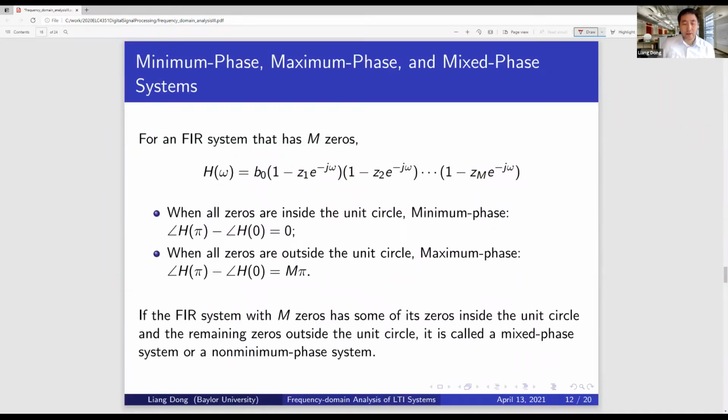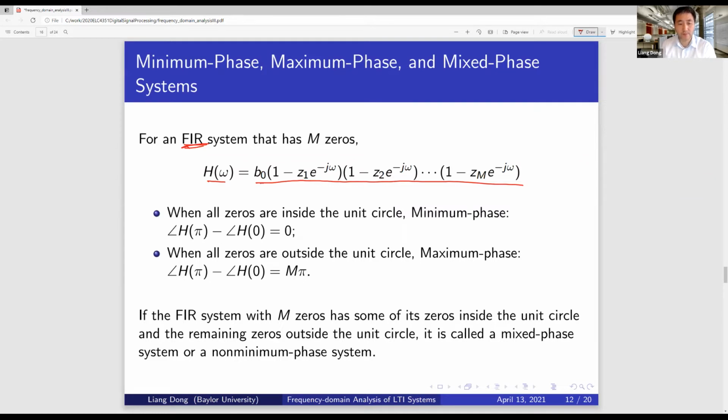And then in general, if I have an FIR system that has m zeros, now finite impulse response system, that means I only have numerator terms, I don't have denominator terms. I only have zeros, I don't have poles, or the poles are every one on the origin. For the filter in frequency domain, it can be expressed in this form, a product of all these zeros.